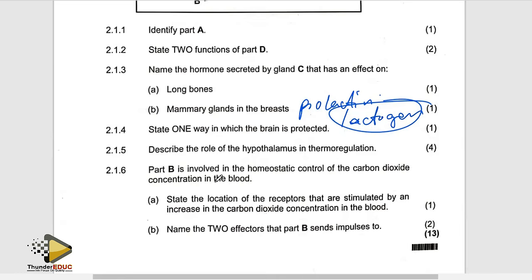When it sends the impulse to the blood vessel, it will depend on whether the blood vessel will constrict or dilate, because they said thermoregulation. They didn't say cold conditions or hot conditions. So the blood vessels will either constrict or dilate.